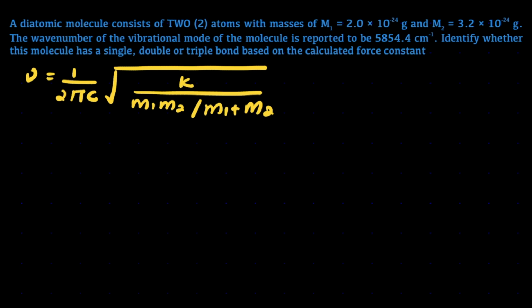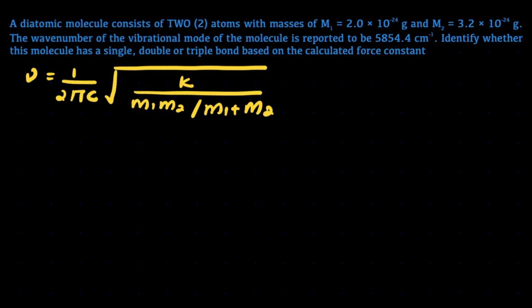And then m1 plus m2, you are going to get 5.2 times 10 to the power of negative 24 grams. So here you can slash out this, you will end up just having grams at the bottom of the equation. So you are going to calculate all this again, so you should get the value.